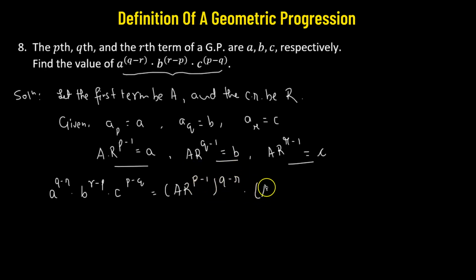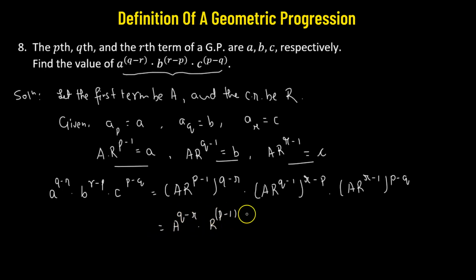So b value is A times R raised to the power of Q minus 1 whole raised to the power of R minus P, multiplied to c. So c value is A times R raised to the power of R minus 1 whole raised to the power of, we have P minus Q. This is going to give us A raised to the power of Q minus R times R raised to the power of P minus 1 times Q minus R.